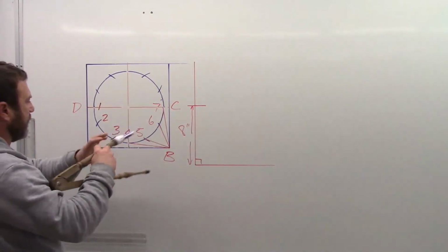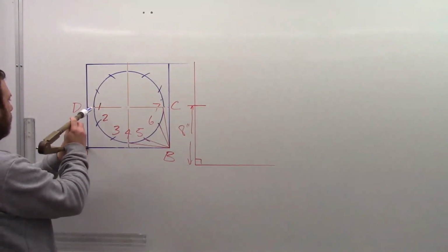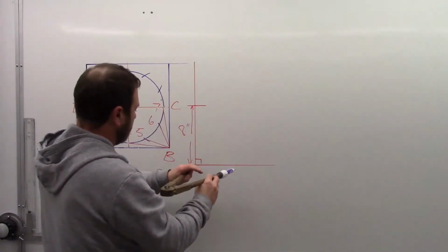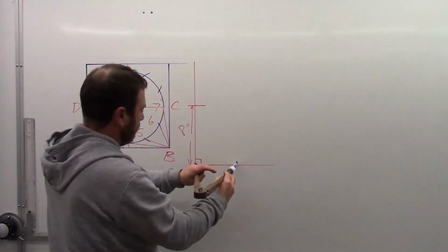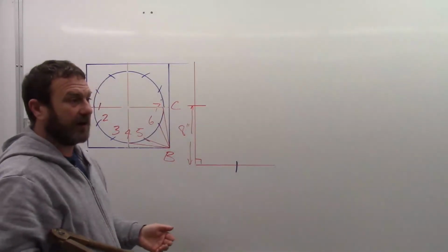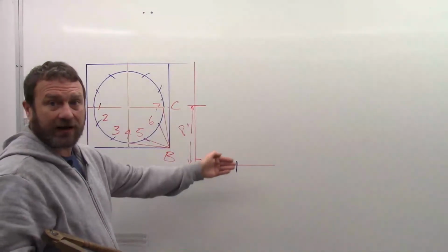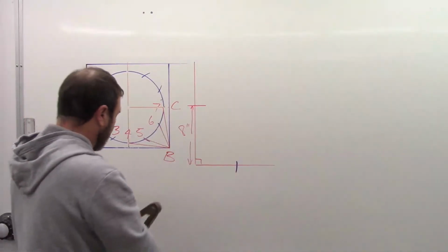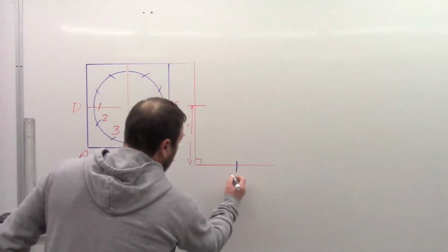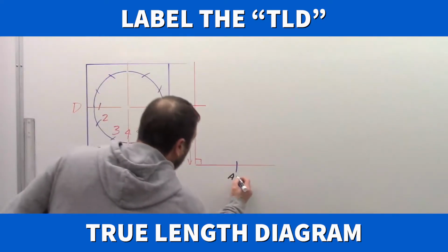So I'm going to pick up length A1 and transfer it over. Now, as I take it off, you want to label it. You have to label here. If we're going to have a whole bunch of lines in here, and we don't keep track of what's what, we're definitely going to lose our spot. So I label this as a line, and a line has 2 points, so A1.